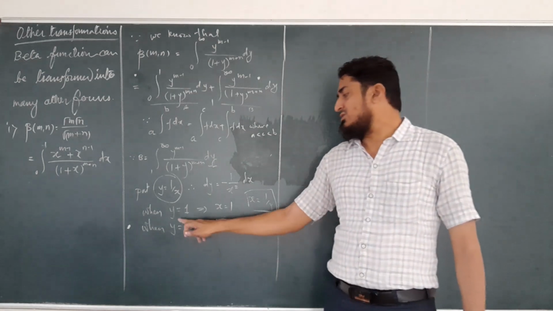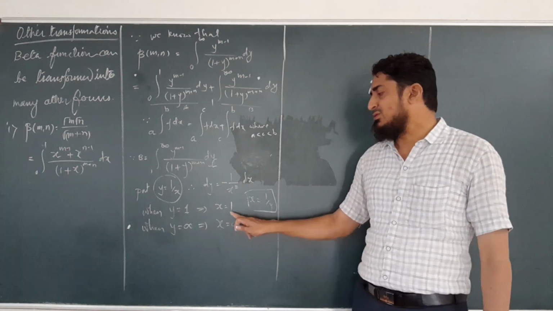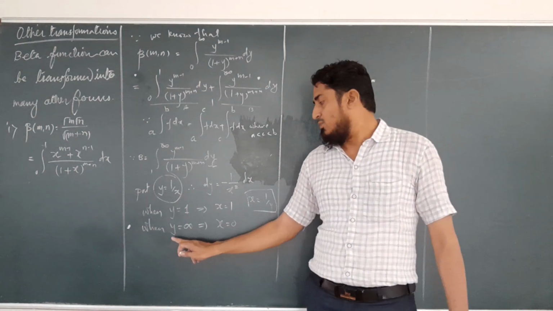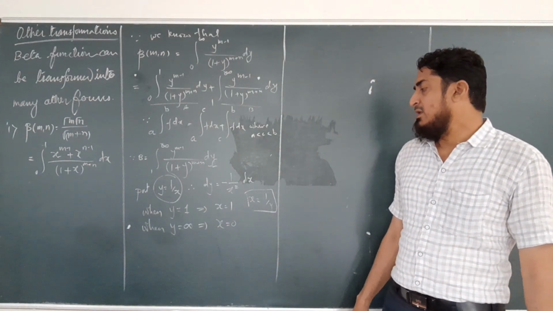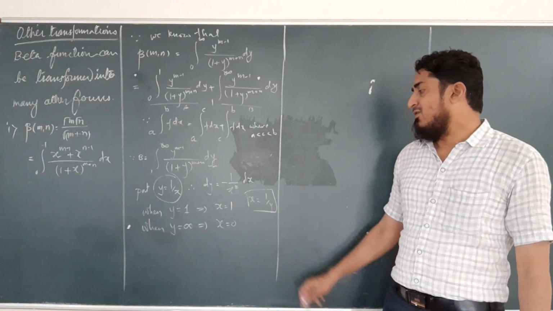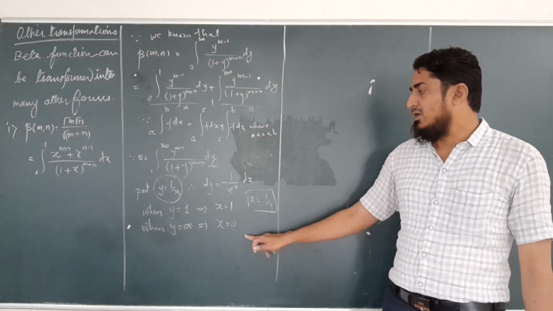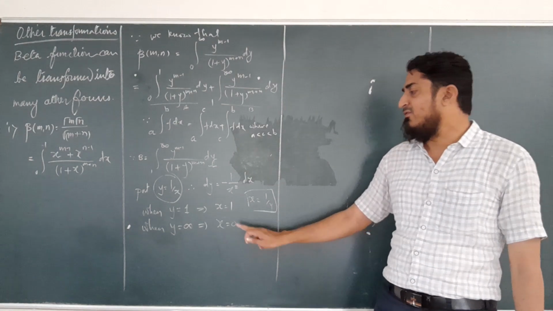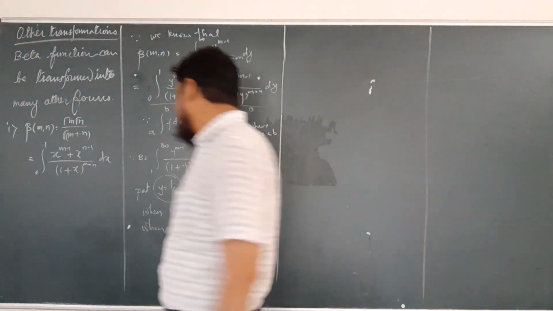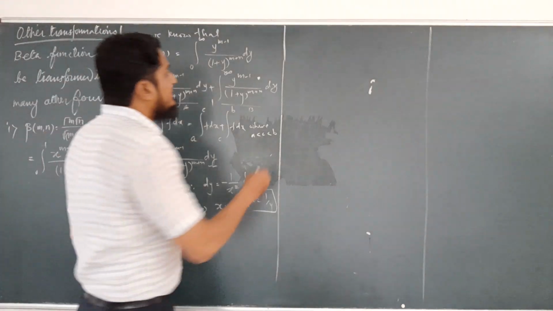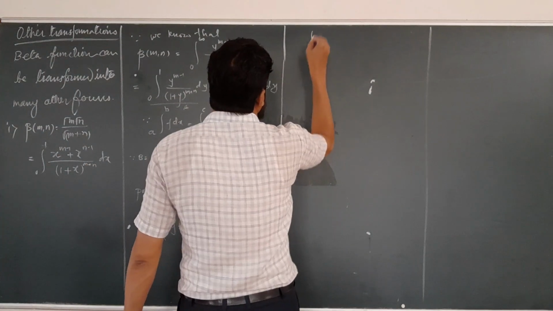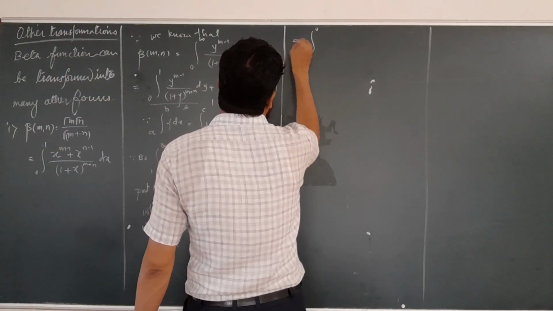Whenever we take y is equal to 1, we will get x is equal to 1, and whenever we take y is equal to infinity, we will get x is equal to 0. So our limit of x is running from 1 to 0. Correct?